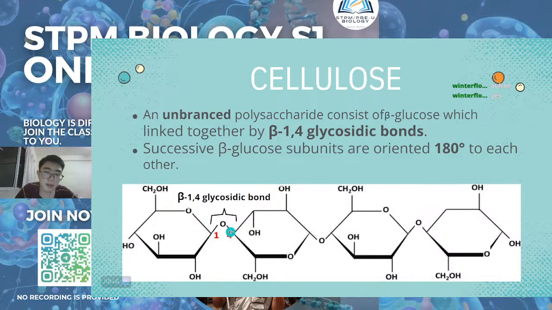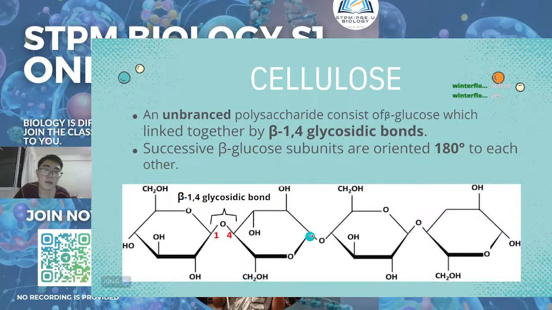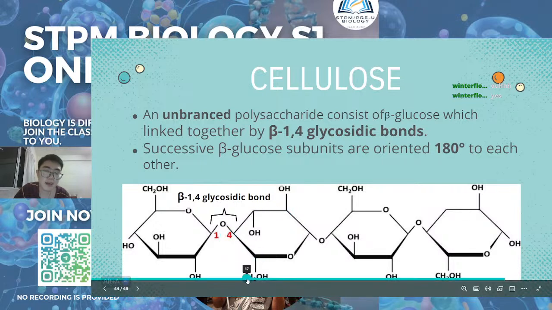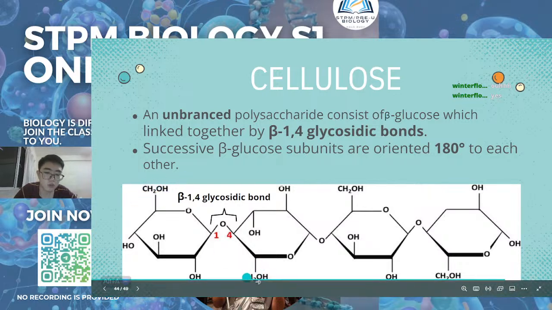But if you see the structure, it is totally inverted. We say simply, inverted. So carbon number 1 is here. 1, 2, 3, 4, 5, 6. You will see here 1, 2, 3, 4, 5, 6. It is very clear if you see this CH2OH and CH2OH here.